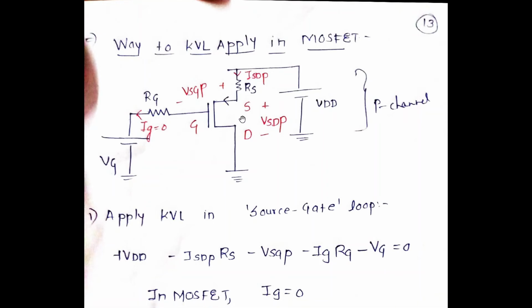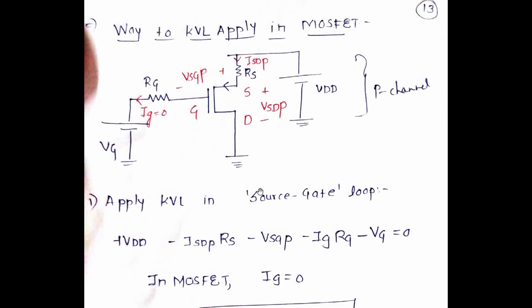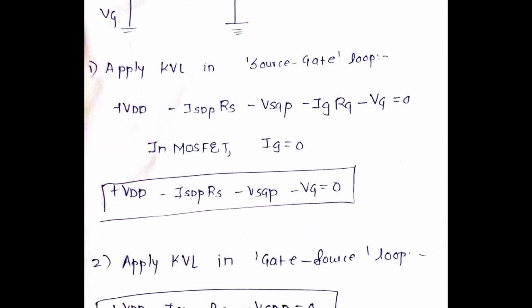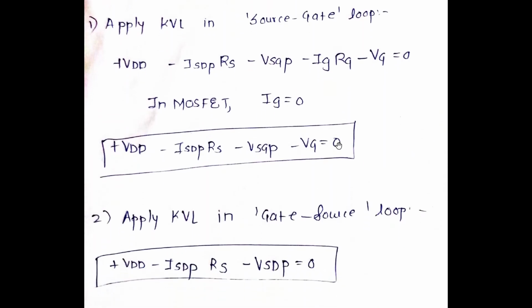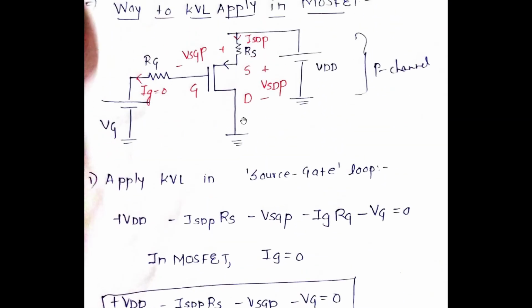So if I talk about the source to gate loop, we have plus VDD, minus of ISDP into RS, minus of VSGP, minus of IG into RG, minus of VG is equal to 0. Again your IG is 0 over here, hence you have this as the final equation.